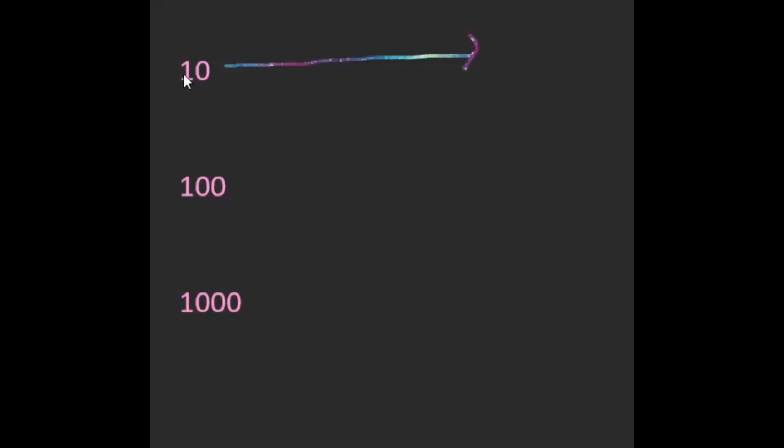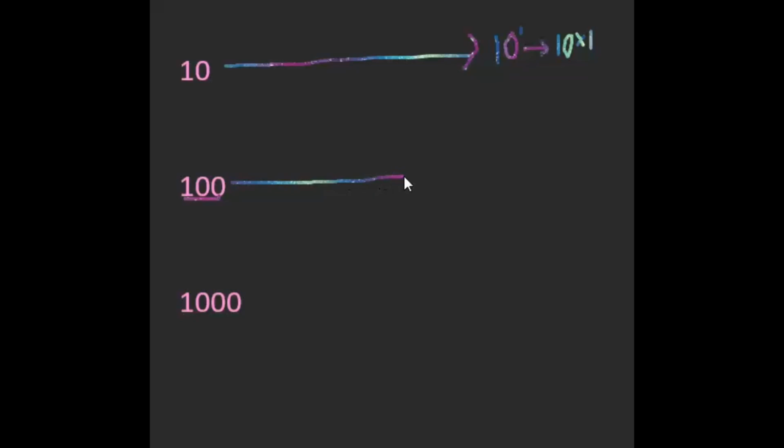Okay, so 10 can be written down as 10 to the power of 1, and that is equal to, or that can also be written like this: 10, just 10. You can't really multiply anything to get to the, or 10 times 1 times 1. Okay, so now let's move on to the 100.